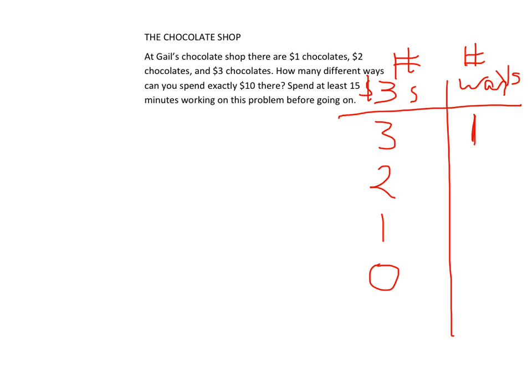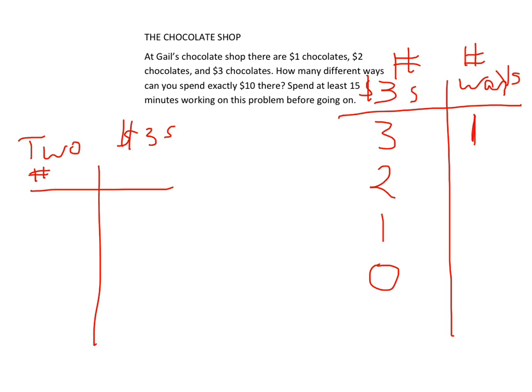Now what if we have 2 3s? Well, if we have 2 3s, again, let's keep track of how many 2s we use. 2 3s is $6, so we have $4 left to spend. Number of 2s, number of 1s.